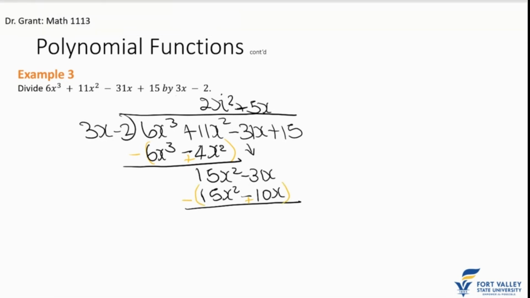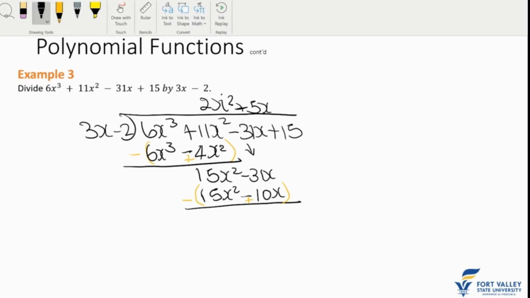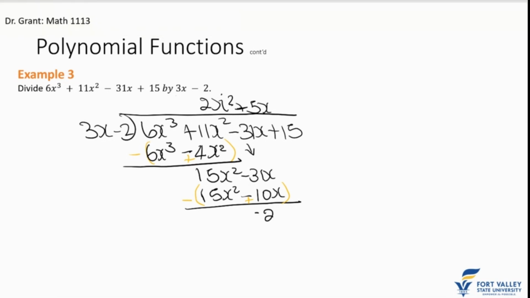Subtract. This becomes positive. So now we'll be left with -21x. I carry down my 15. So 3 into -21x.